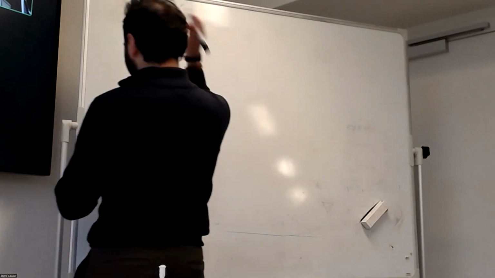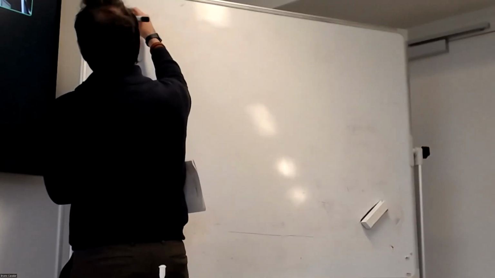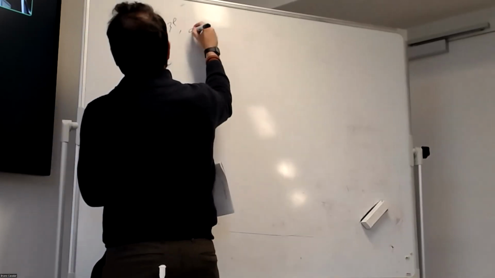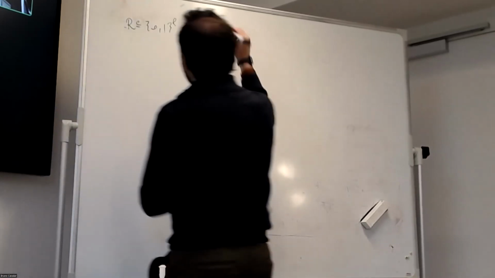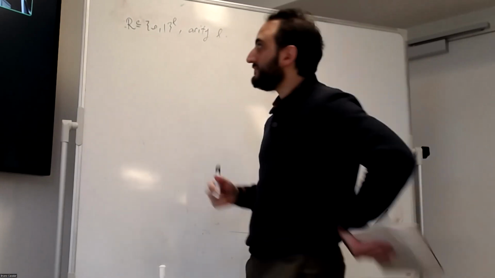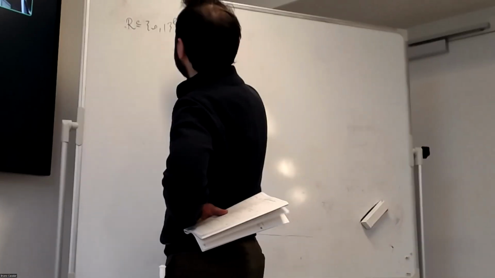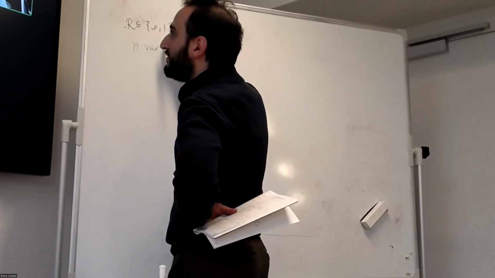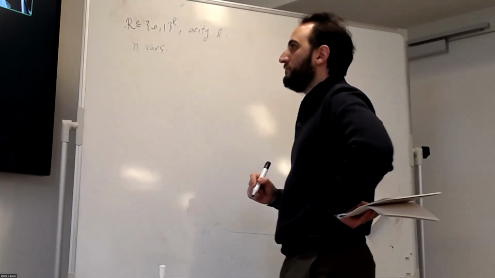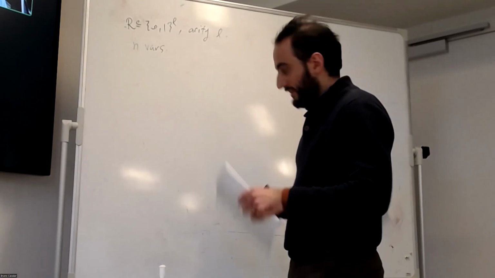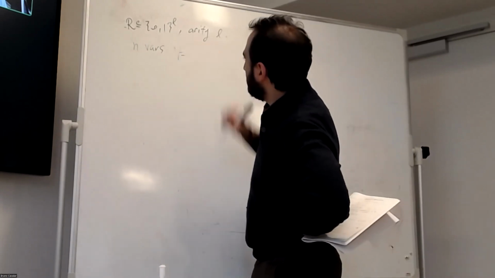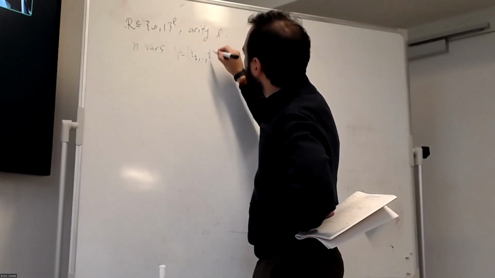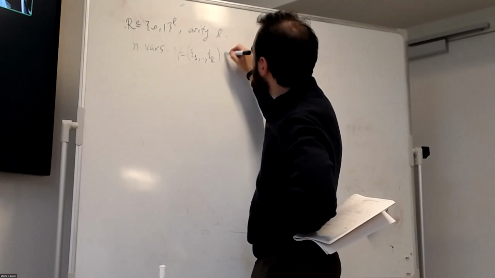So let's say we have some relation R of arity L, and we have a set of n variables, and you have any tuple V of L choices of those variables.